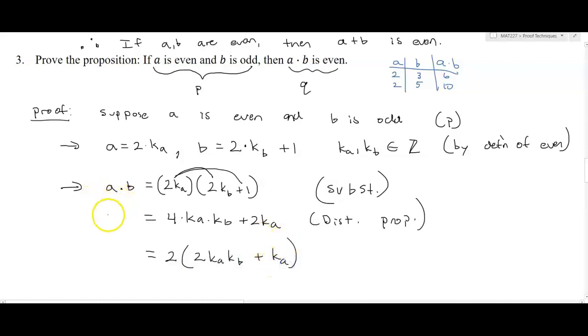And already I'm seeing that A times B is starting to take on the form of an even number. But this stuff in here, this is what concerns us, right? Because that doesn't look like just 2 times some integer. It looks like 2 times some crazy multiplication and addition.